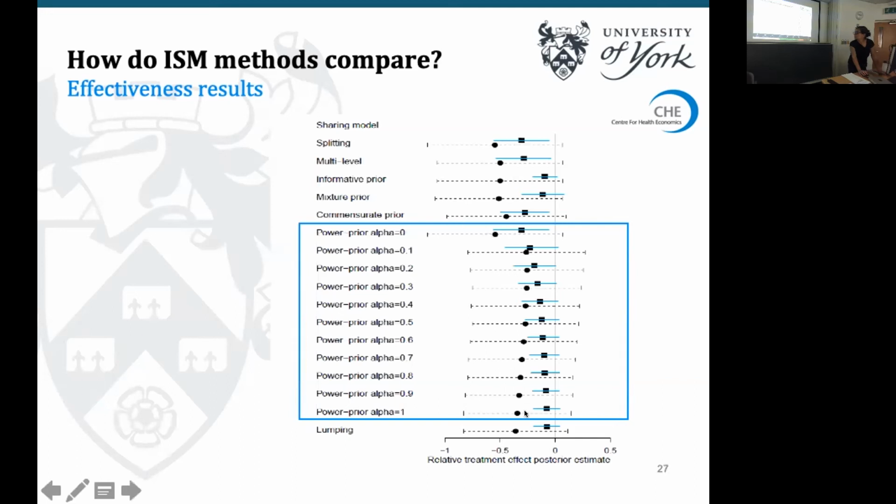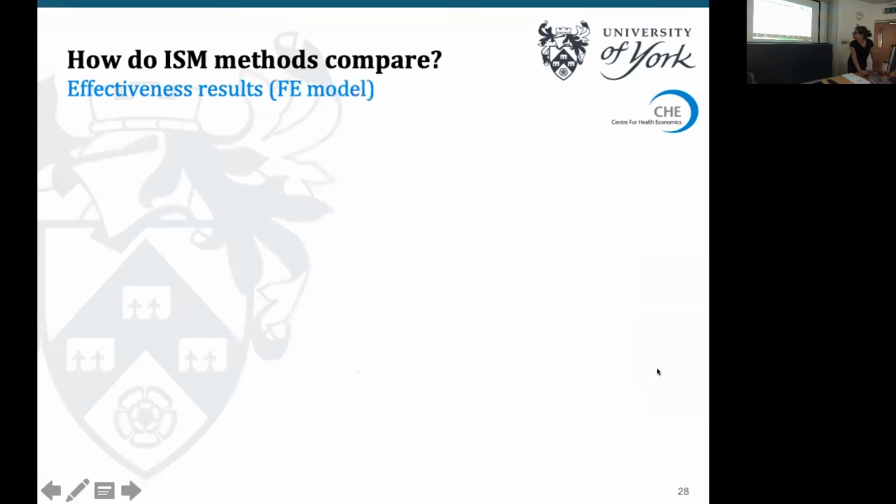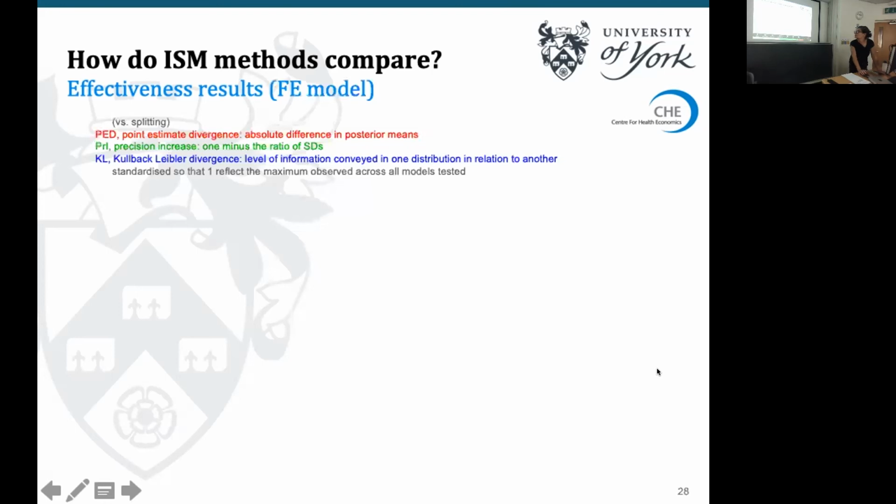Now adding the power priors, you can see that a power prior with an alpha of 0 is very similar or equal to splitting, and a power prior with an alpha of 1 is equal to lumping. And with the range of alphas between 0 and 1, there's a gradient in between. So the same results, but using different metrics.